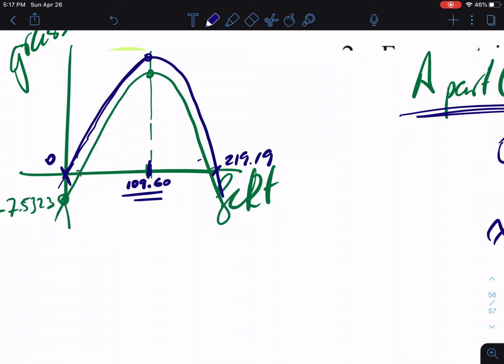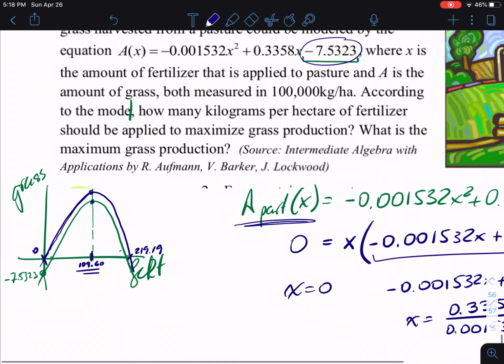So what does that tell us? That tells us something about the amount of fertilizer when the value of our function is the highest. So let's go see what the question is. According to the model, how many kilograms per hectare of fertilizer should be applied to maximize grass production? Interesting.